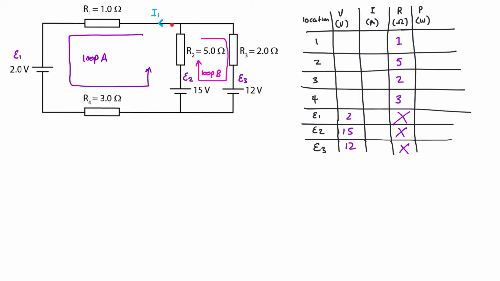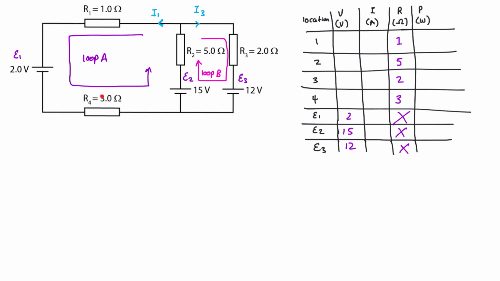So I'm going to say all of this is I1, and I'm matching it with this and this. I could have also called it I4, it doesn't make a huge difference. I3, because my loop is going clockwise like this, I'm going to call this I3.